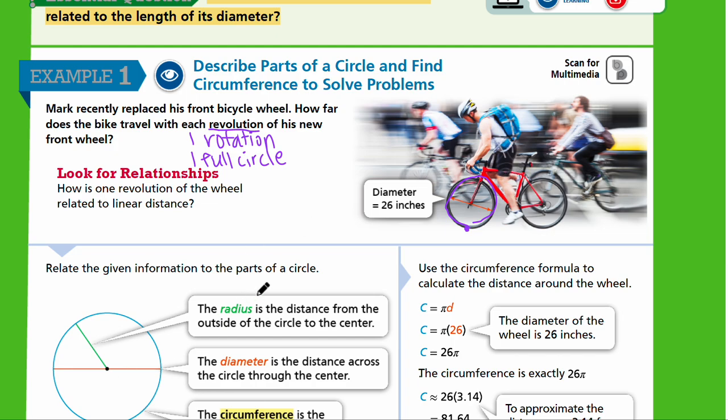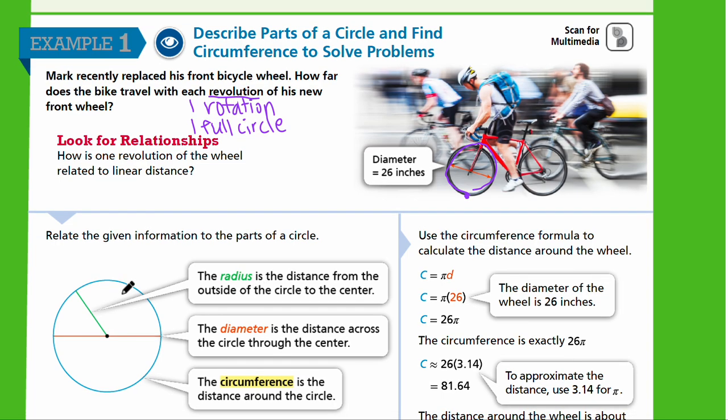So first of all, we need to know these terms. Remember, the radius is the distance from the center of the circle to the outer circle, right? And then the diameter is just the distance full across the circle, and circumference is the distance around the circle.